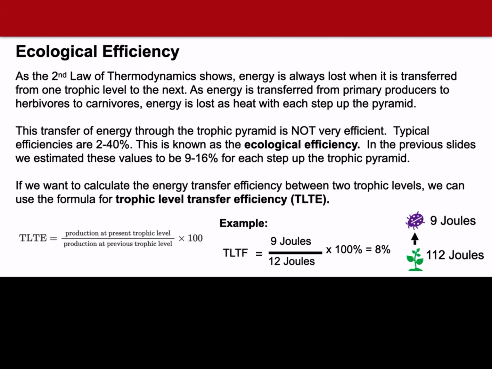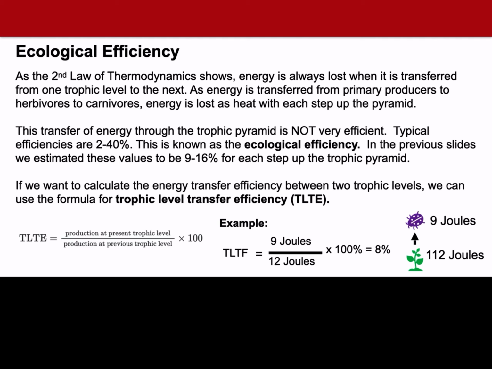The second law of thermodynamics tells us that energy transfer within an ecosystem is not efficient. Large amounts of energy are lost as heat when energy is transferred from one trophic level to the next. The term for the transfer of energy from one trophic level to the next is called ecological efficiency.